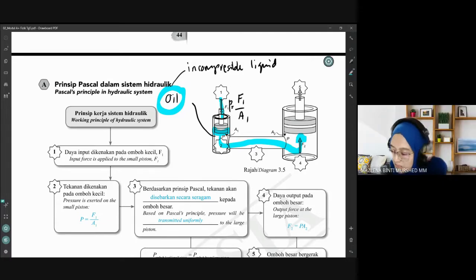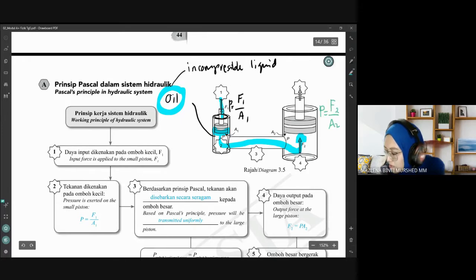Since the system is a closed system, a system closed in this container, the pressure from the small piston is equal to that at the larger piston, which has the bigger area A2 and of course bigger force F2. But we have equal pressure. P1 is equal to P2. From piston 1 and piston 2, the pressure is equal.